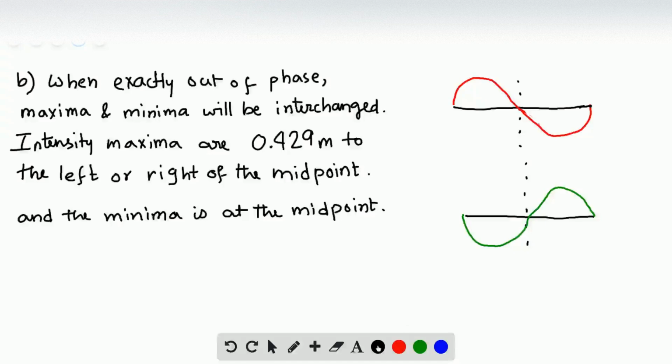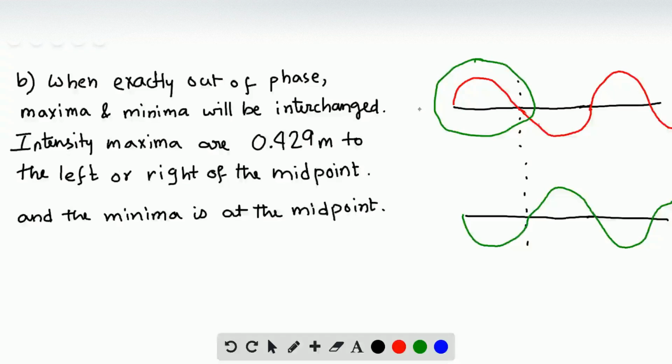Because the wavelength that is generated is like that. So it goes on. And similarly for the other speaker as well. So yeah, if we shift this part to the left or to the right, we get back this wavelength, right?